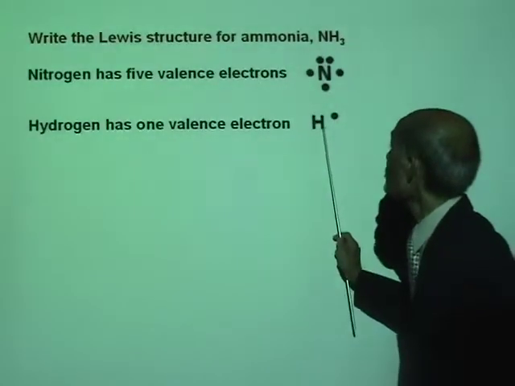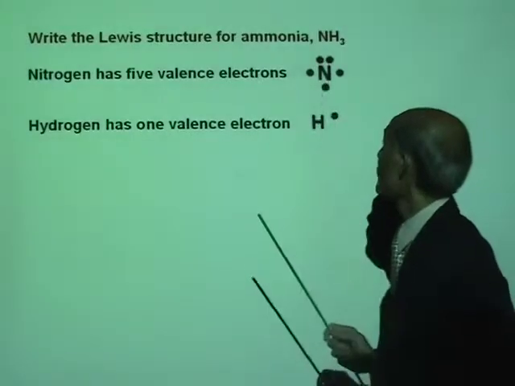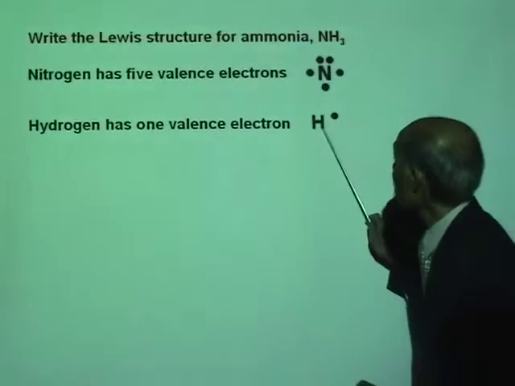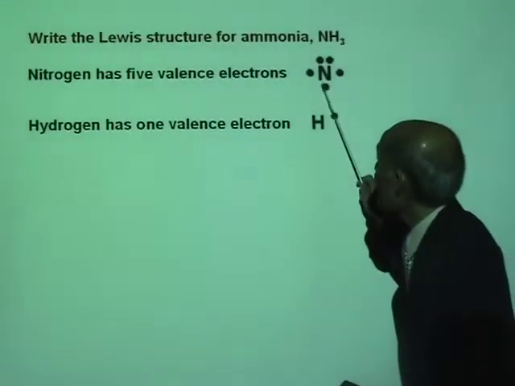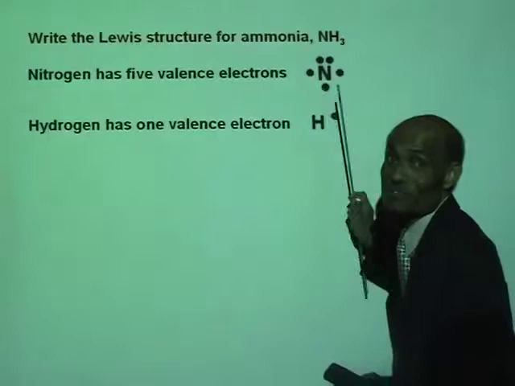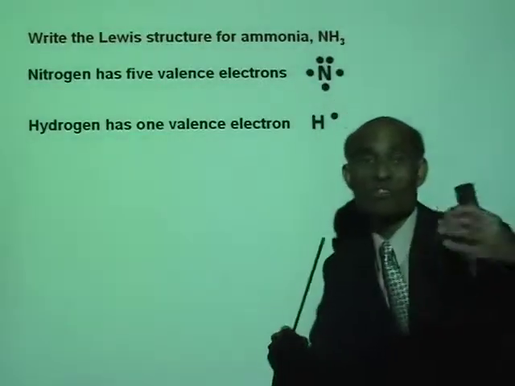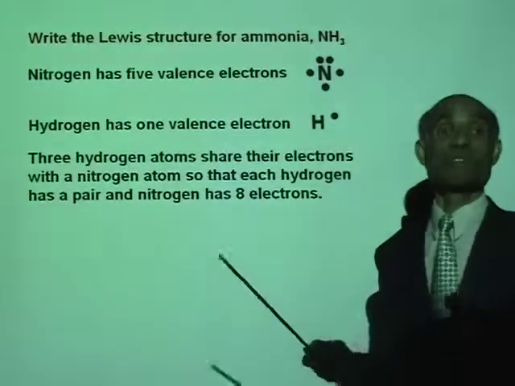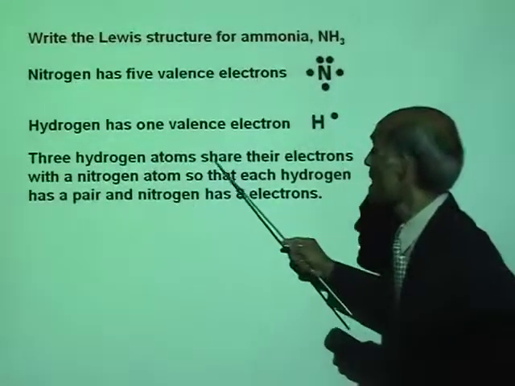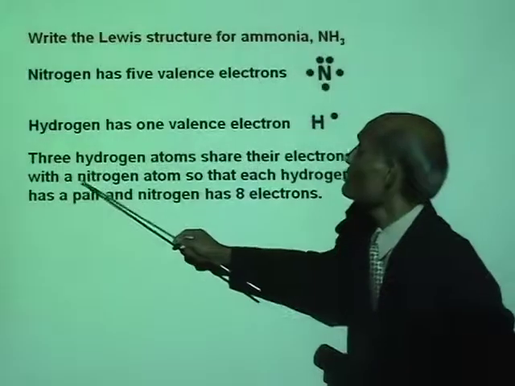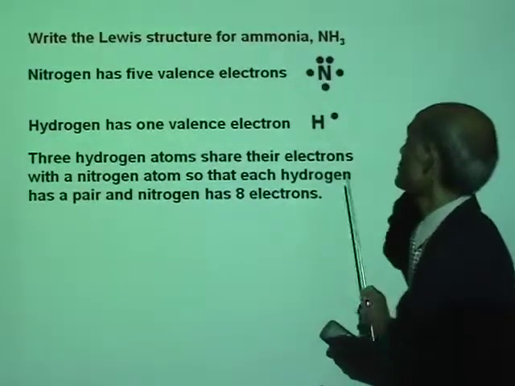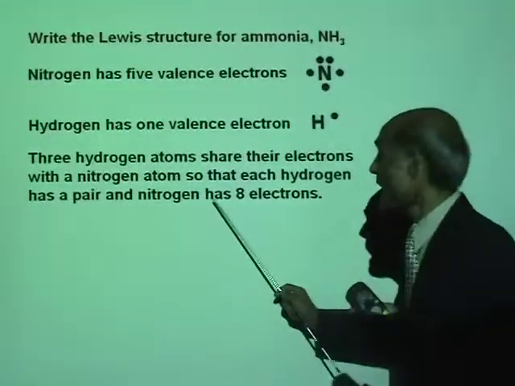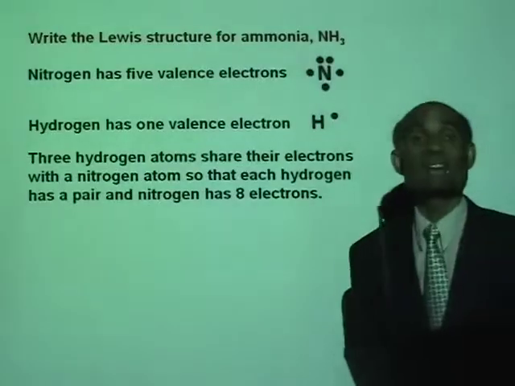So 3 hydrogens are now going to make arrangements with nitrogen so that each hydrogen is going to share an electron with nitrogen. So that will give nitrogen 5 plus 3, 8, and each hydrogen will have 2 electrons. So 3 hydrogen atoms share their electrons with a nitrogen atom so that each hydrogen now has a pair of electrons and the nitrogen has 8 electrons.